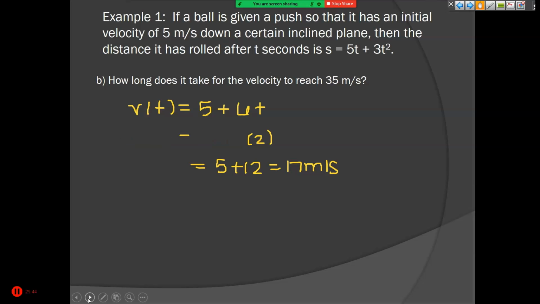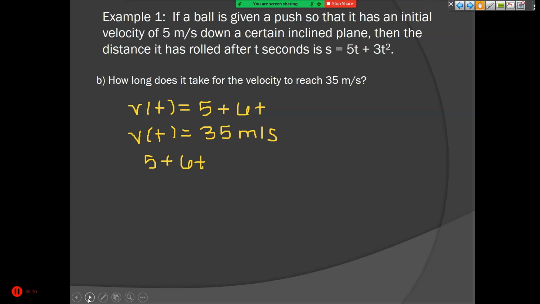So if I want to know a time, then what I'm going to do is kind of set the function equal to 35 meters per second and work backwards for time. So what that means is that I am going to set velocity equal to 35 and solve for t.